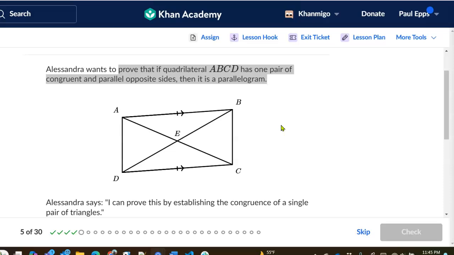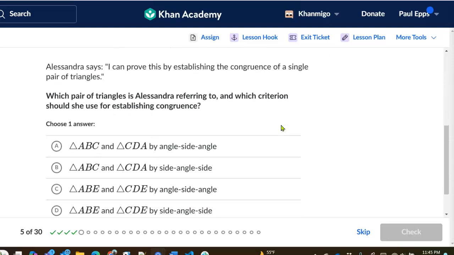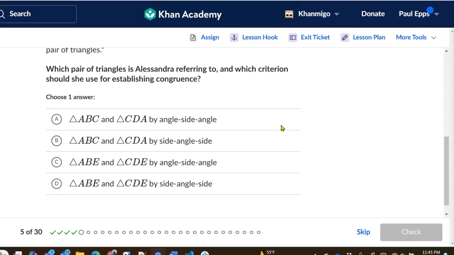Because AB equals CD. That is given. AC is a common side for both triangles, and BAC is equal to DCA, alternate interior angles. So we have a side-angle-side congruence. Well, I guess that's it.